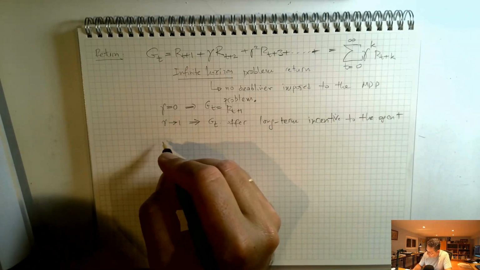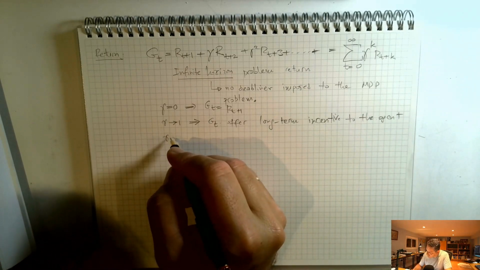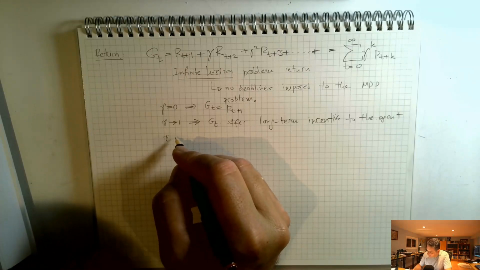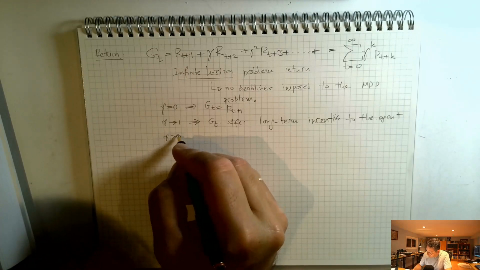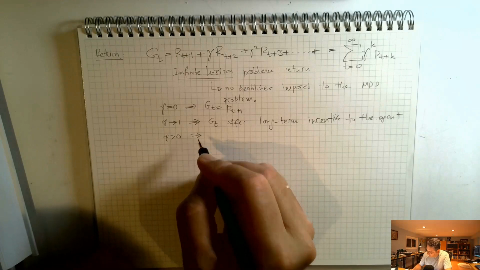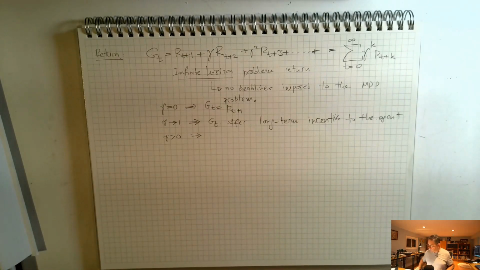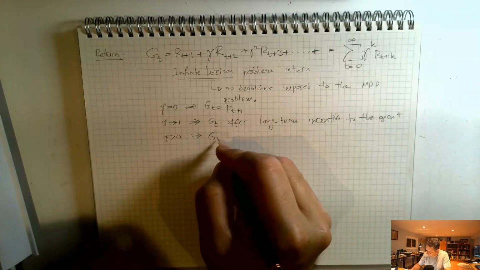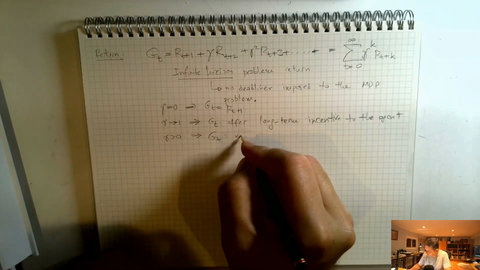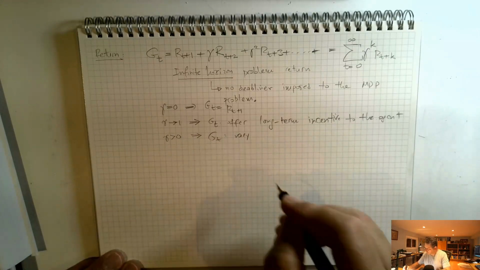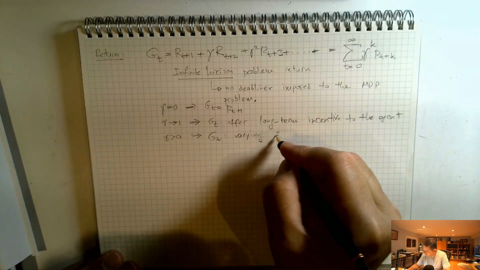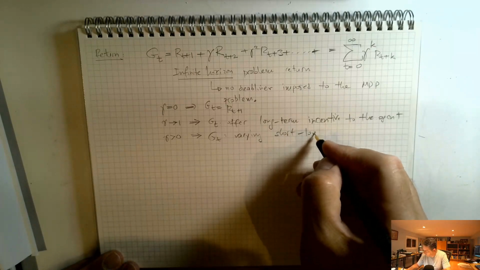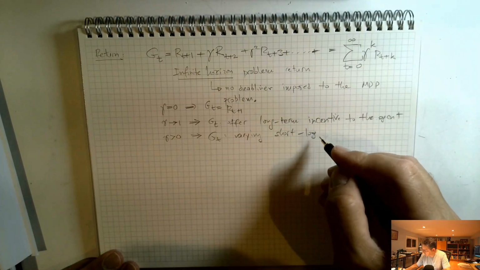And when gamma is greater than 0 but a small number, we can adjust by gamma how long or short term the incentive is, varying between short and long term.